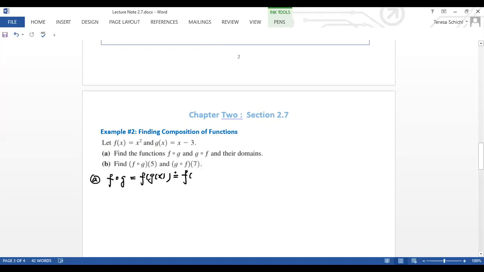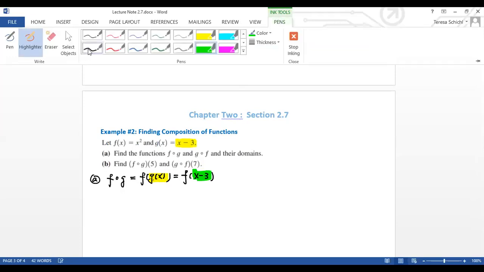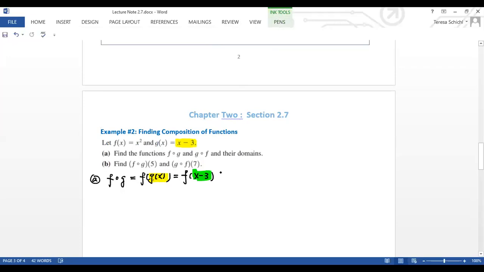So you plug in the G of x, which is x minus 3. Now that means everything in the f of x, the x has to be replaced by x minus 3. So this will become (x minus 3) squared.